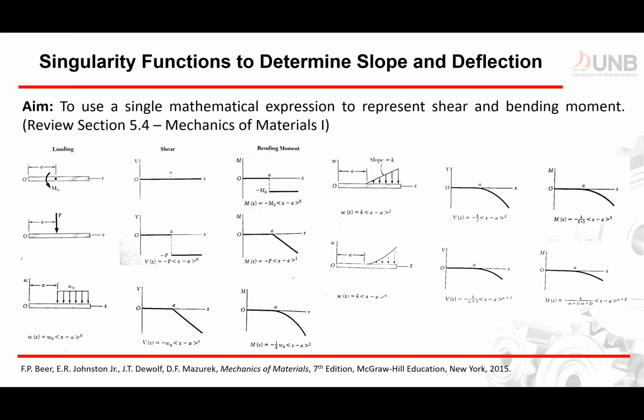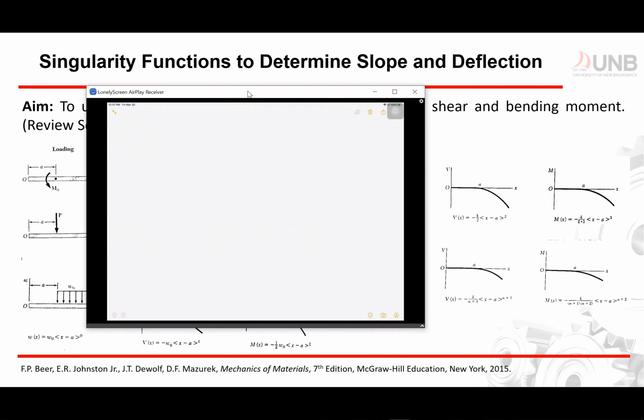The main objective is to use a single mathematical expression to represent shear and bending moment. For the singularity function, I'm going to drag my whiteboard right here. It is expressed as x minus a, in angle-bracket notation, raised to n.